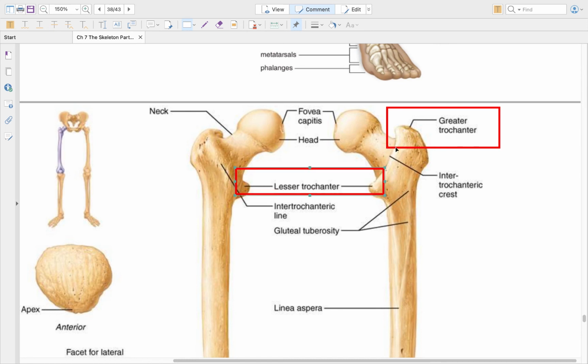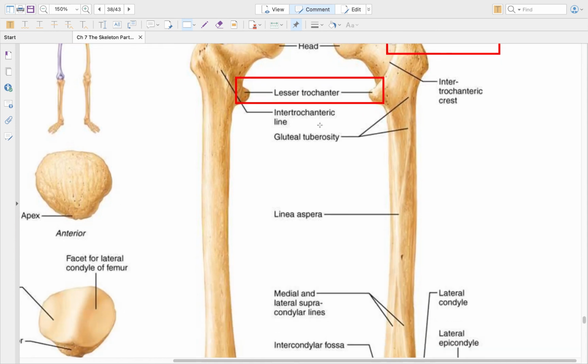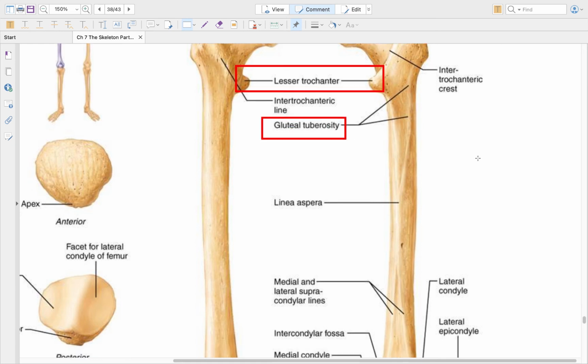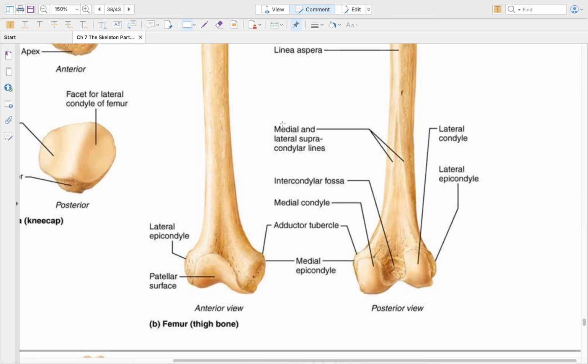Of course, this is called the intertrochanteric crest. Let's move down. Gluteal tuberosity, this line. All right, medial and lateral supracondylar lines.